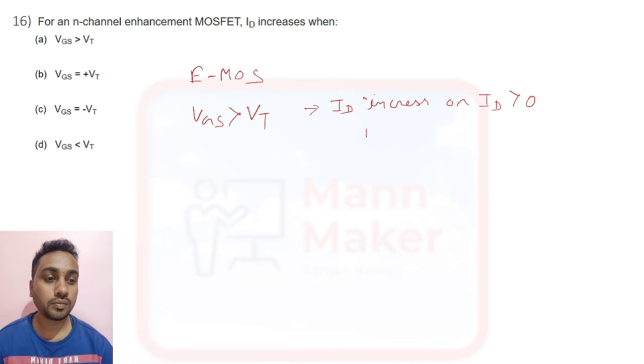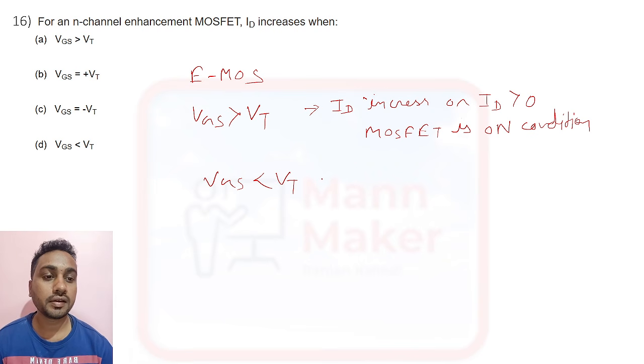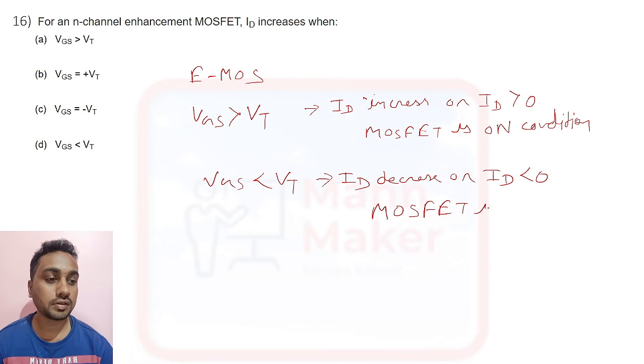In this case, MOSFET is in on condition. And when VGS is less than VT, then ID decreases, or we can say ID is less than 0. So in this case, MOSFET is off condition.